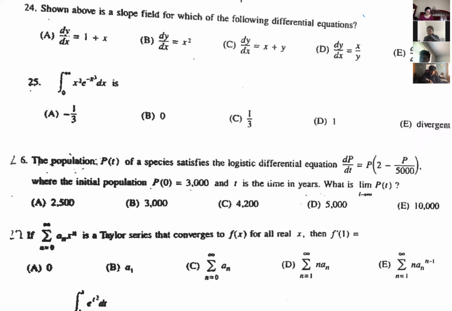Okay, so right here, I'm going to set u equal to negative x cubed, since when I take its derivative, it shows up in my integrand. So du equals negative 3x squared dx.